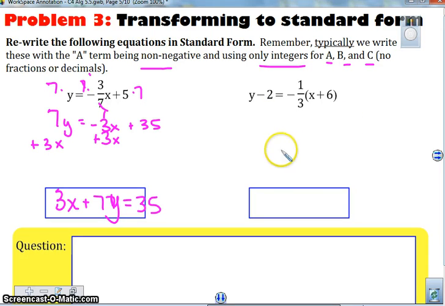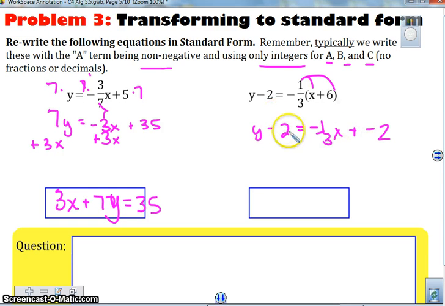How do you do it when you have an equation like this, where you kind of have that distributive property? Well, you might want to distribute this out first, so that we have y minus 2 equals a -1/3 x, plus, if I take a -1/3 times 6, that's actually going to give me a -2.